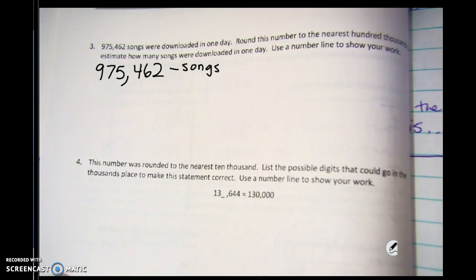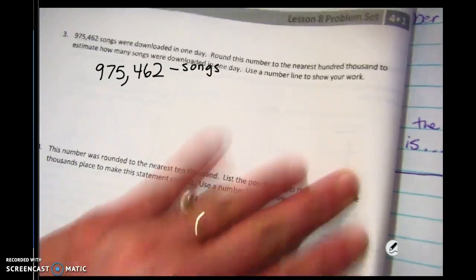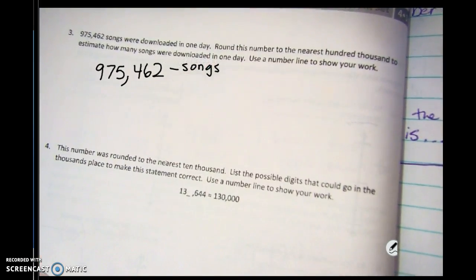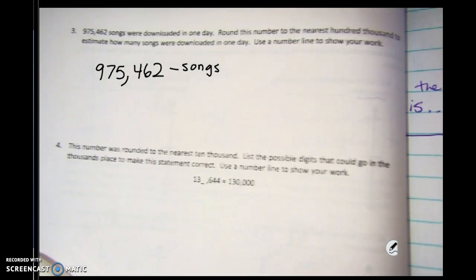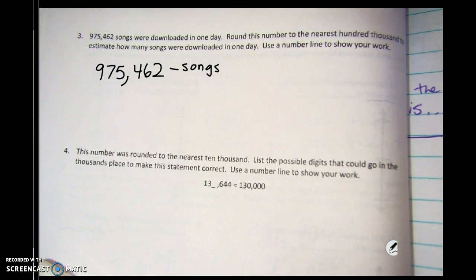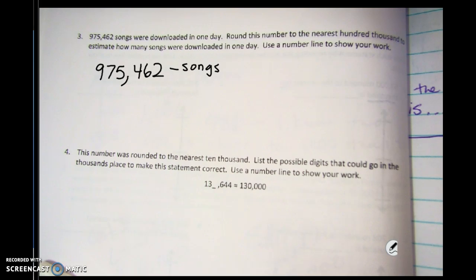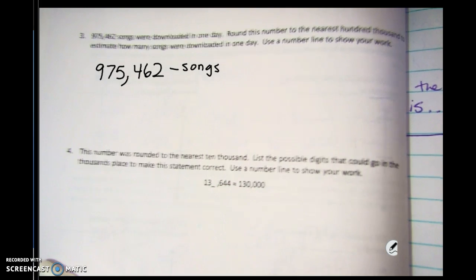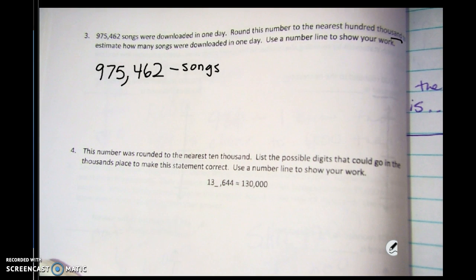Now, my strategy for looking at this word problem is that I also may underline some things within that problem as I go. So round this number to the nearest 100,000.